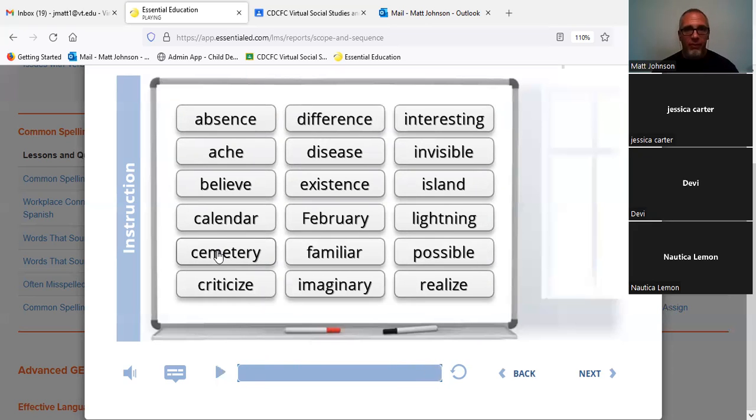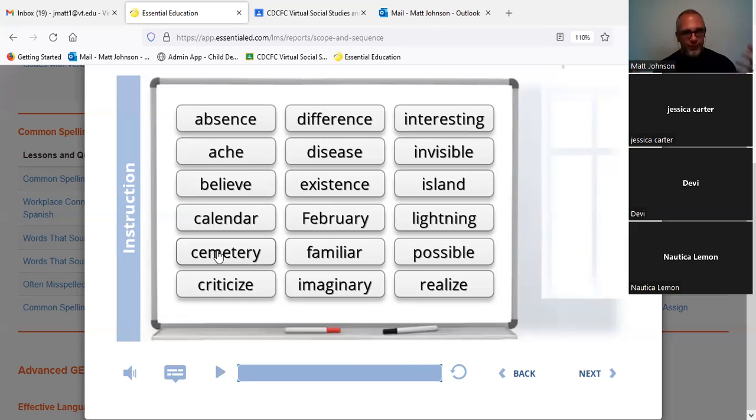Yeah, I'm from West Virginia, from the Appalachian Mountains. And there's a word right there, Appalachian, where the way people pronounce it depends on where you are in this country. If you live in the Appalachian Mountains, you probably say it one way, and if you don't, you probably say it another. And absence, difference, interesting. We tend to run those together a little bit.